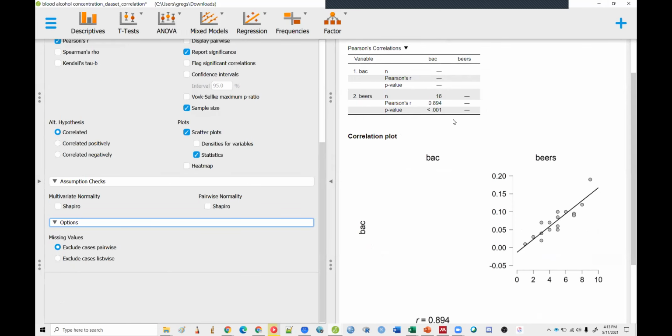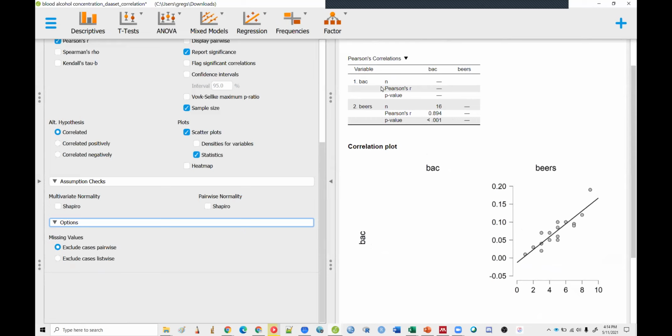All right, here we go. So it's a bit confusing how it presents it up here. JASP does not want to show you the same data twice and make you think that you have 2 different values that are just both the same. So it instead looks at the 2 variables, and when it gets to the second variable, it starts listing the sample size, which was 16 students.